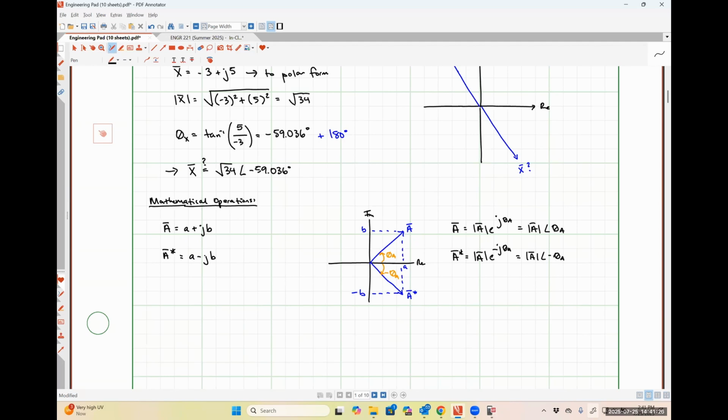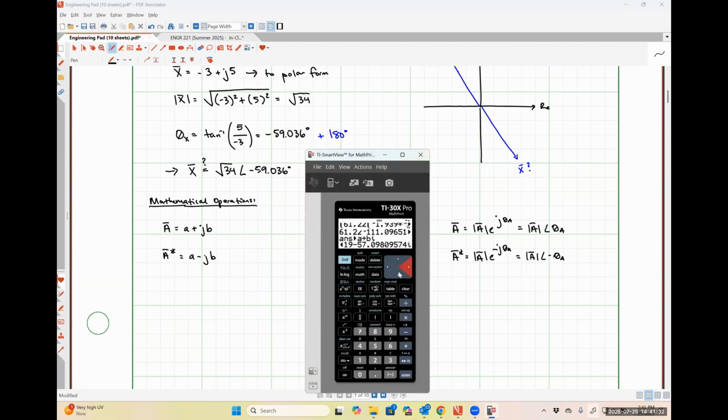So that's the conjugate operation. For what it's worth, if you just can't remember that or you find it too confusing, your calculator can totally do it for you. For those of you that have a TI, you access the conjugate operation by pressing second and then pi. That's where all of your complex number operations are that aren't just basic addition, subtraction, multiplication, division, etc. And scroll down to option 6, and it literally says conjugate.